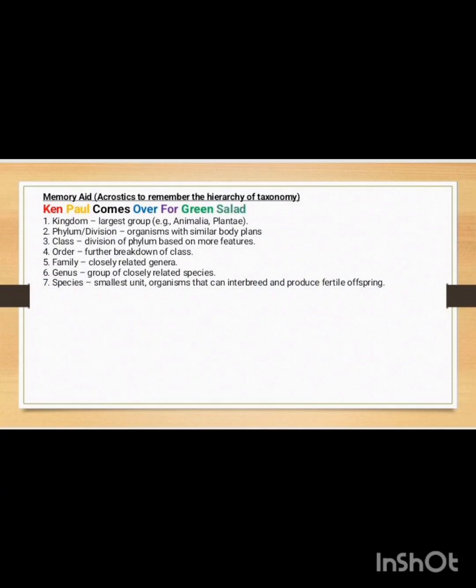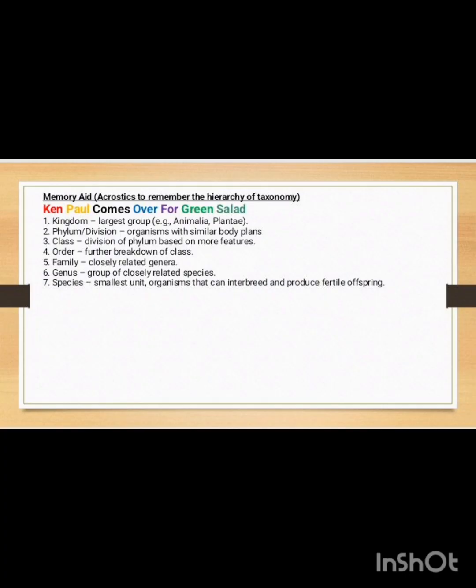Species are the smallest units, and consist of organisms that can interbreed and produce fertile offspring. For example, any humans worldwide can interbreed and reproduce. We do not expect a man, for example, to interbreed with a dog. It's not possible due to the chromosome difference.